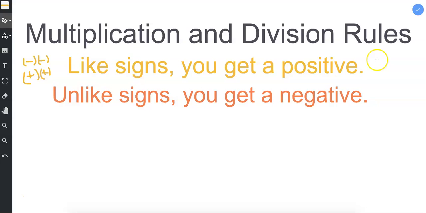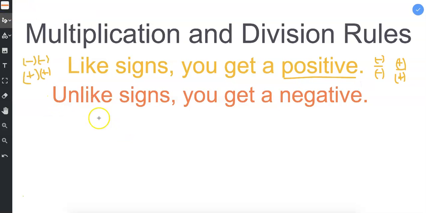If you were to divide a negative number by a negative number, you'd get a positive. And if you were to divide a positive number by a positive number, you would get a positive. So basically, the signs here have to be alike. So they could both be positive or both be negative, and that would yield a positive answer.